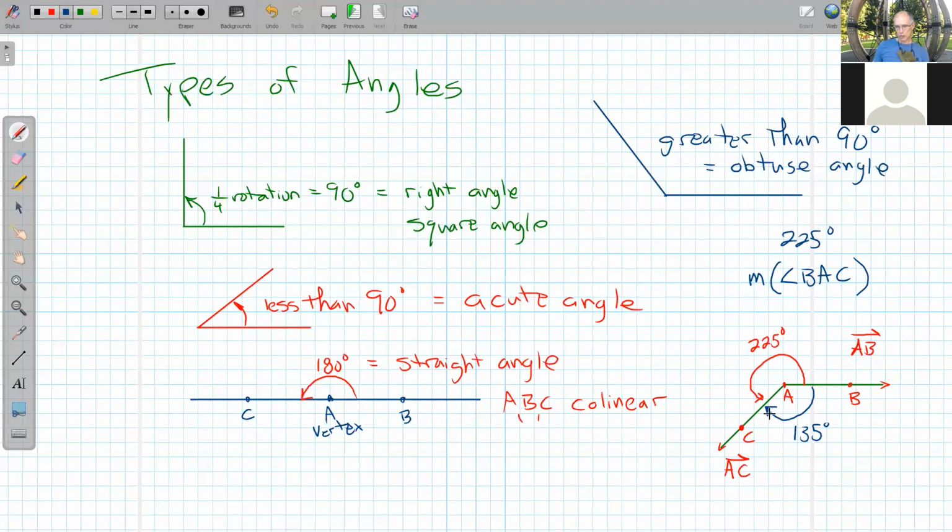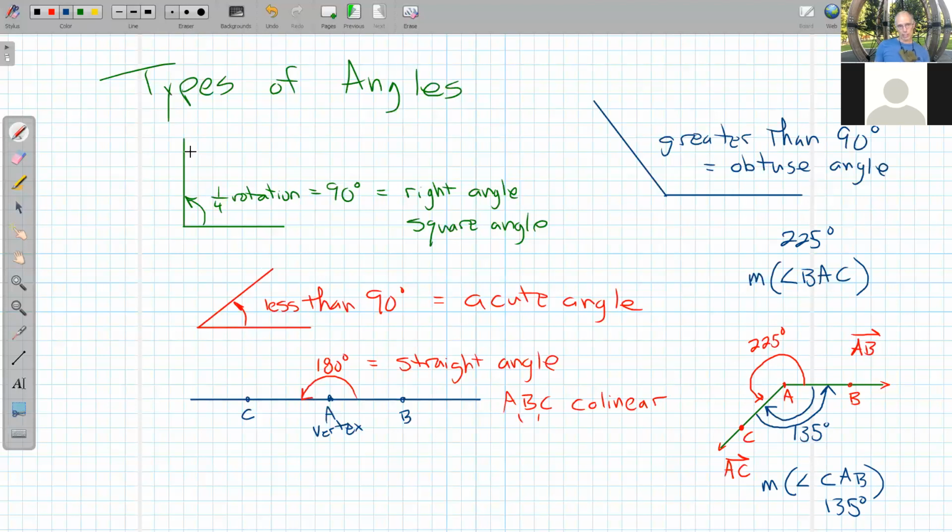And then for this other one, I would measure it counterclockwise usually. So that would be to measure angle from C, vertex A, go to B. That one should be my 135 degree angle. And there's probably a way to tell GeoGebra to let me have an angle over 180 degrees. We'll look for that setting in a minute.